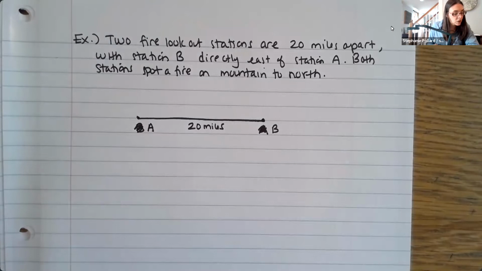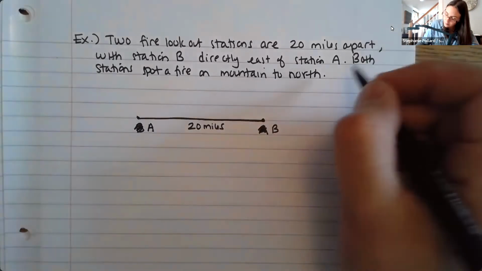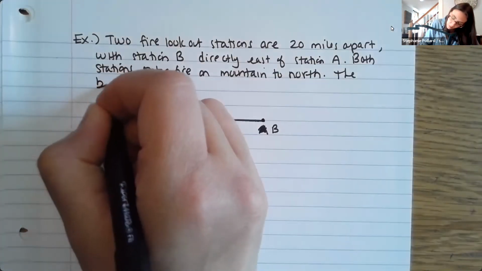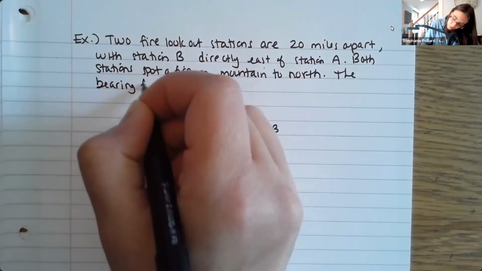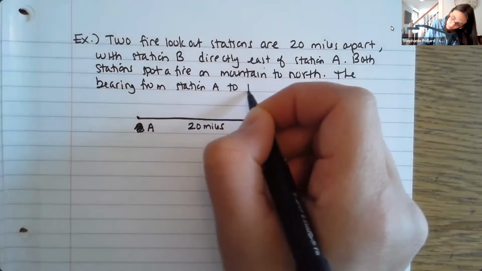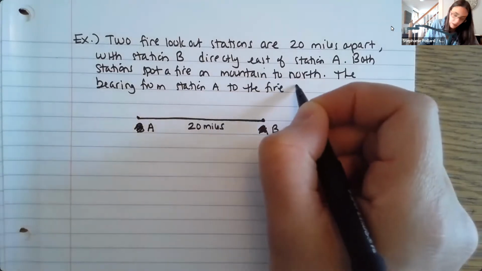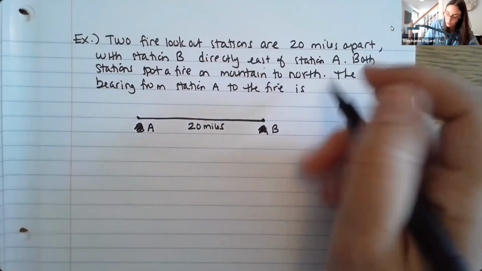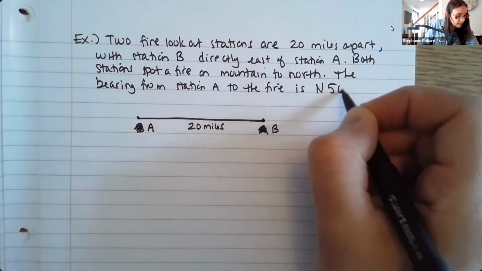The bearing from station A to the fire is the following. So it is north, 50 degrees east.